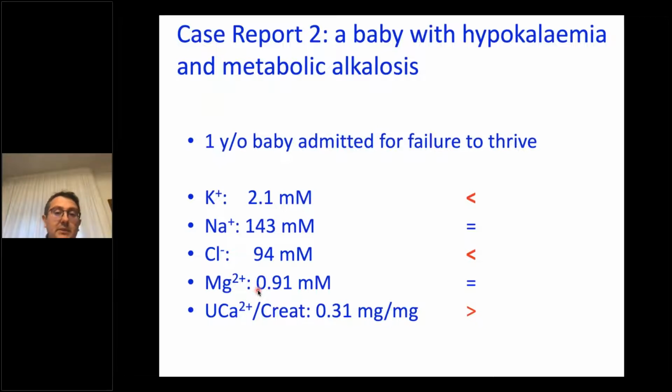The baby was admitted because of failure to thrive. He presented potassium 2.1, chloride 94, and signs of hypercalciuria. So metabolic alkalosis and hypokalemia.